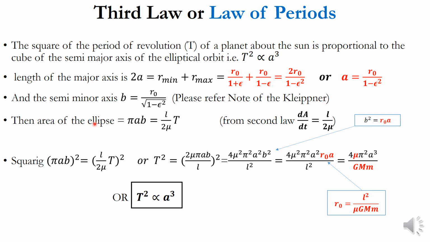We also know that the area of any ellipse is equal to pi a b, where a is the semi-major axis and b is the semi-minor axis, which is equal to L by 2 mu into T. From the second law, the area law, dA by dt is equal to L by 2 mu, we can integrate this equation.